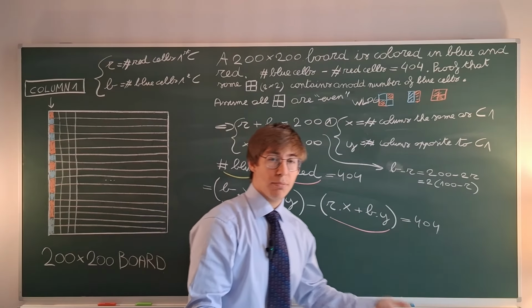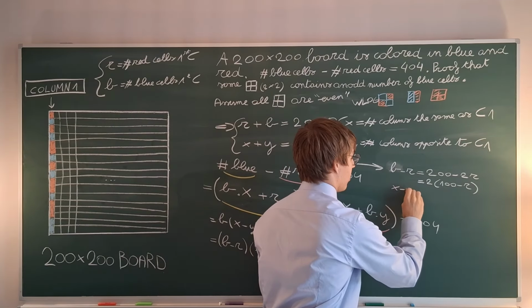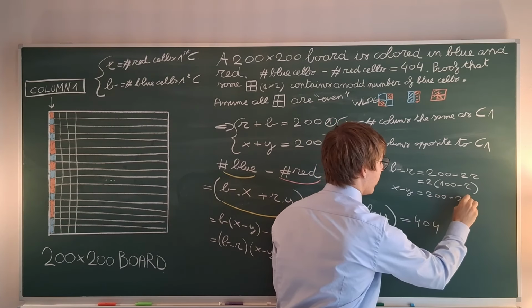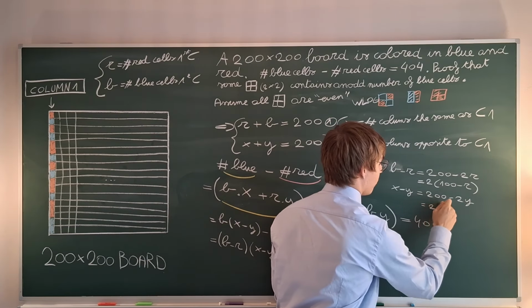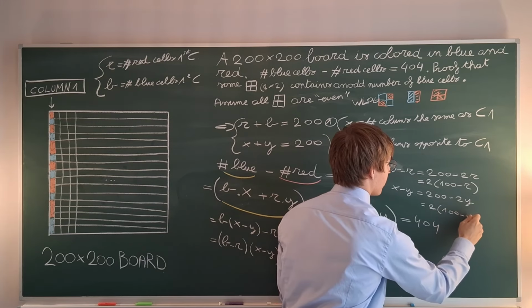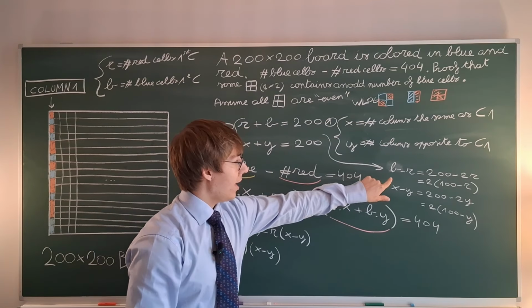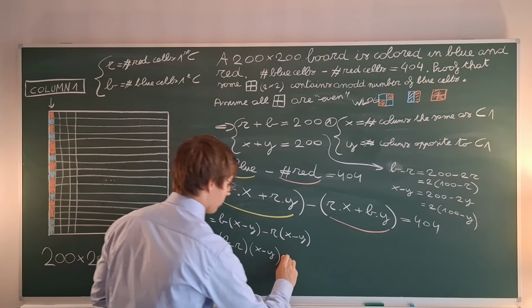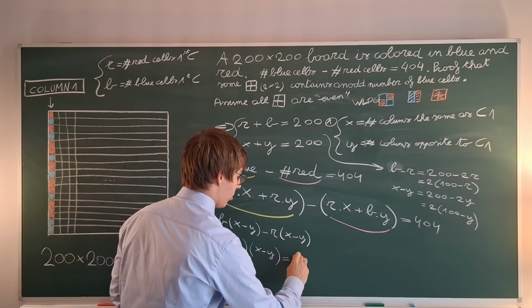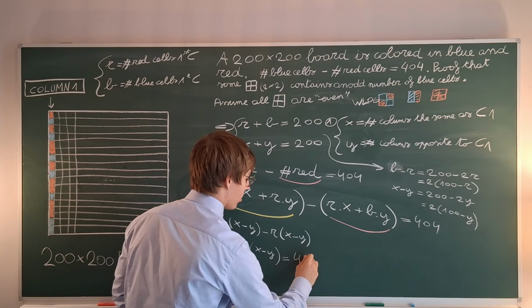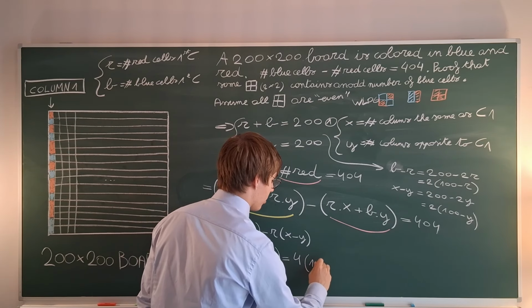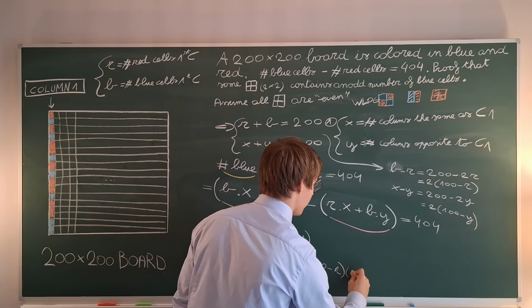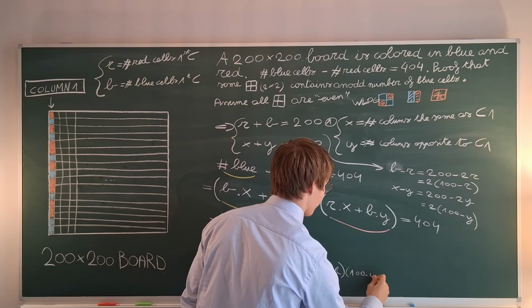And similarly, x minus y is equal to 200 minus 2y, which is 2 times 100 minus y. And if we plug in these quantities into this, then this becomes equal to 4 times 100 minus r times 100 minus y.